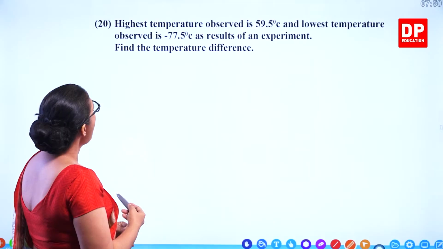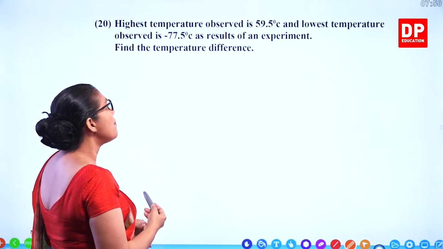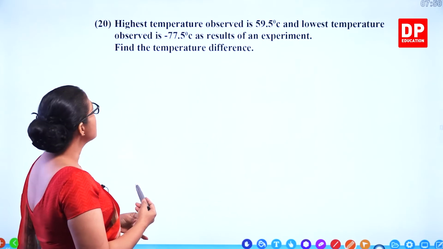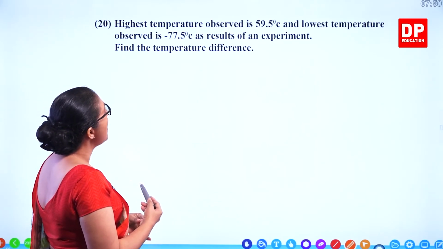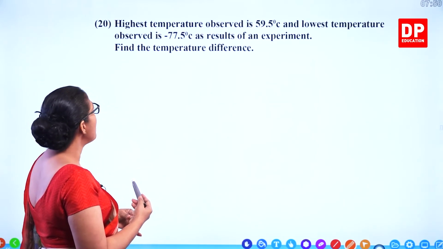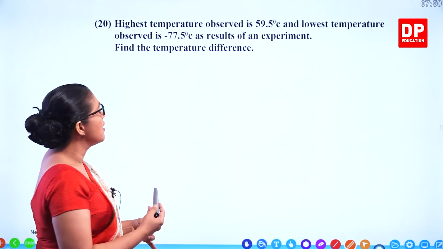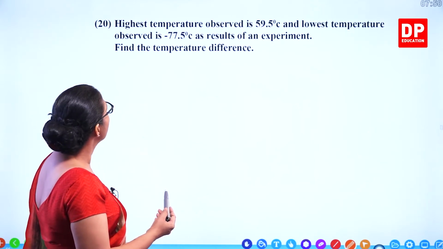Question number 20. Highest temperature observed is 59.5 Celsius and lowest temperature observed is minus 77.5 Celsius as a result of an experiment. Find the temperature difference. So highest minus lowest.